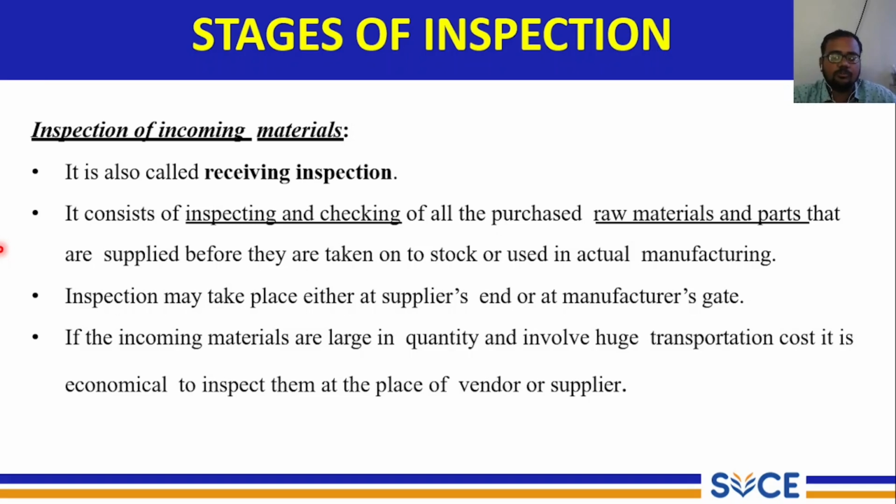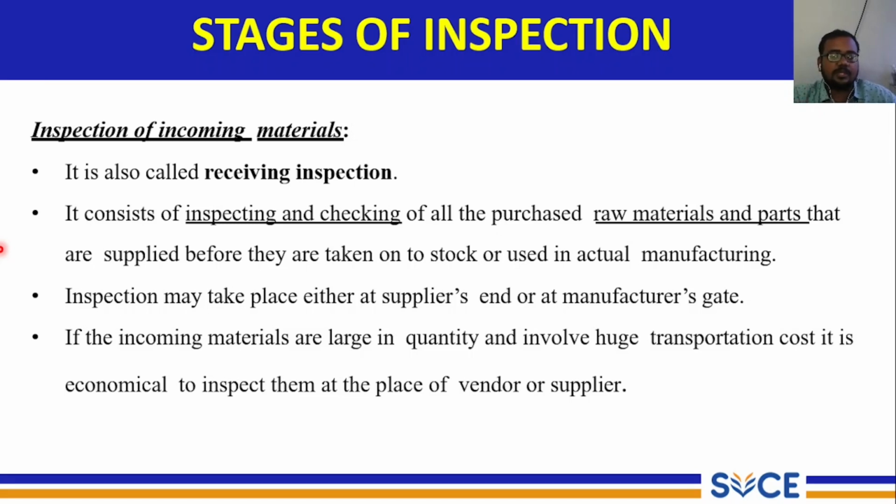So we have to ensure that inspection is done on maybe the entire lot size, or probably a sample of the entire lot size, before you move on to your actual manufacturing. So where do you do this inspection? It can be done either at the supplier's end or at the manufacturer's scale.